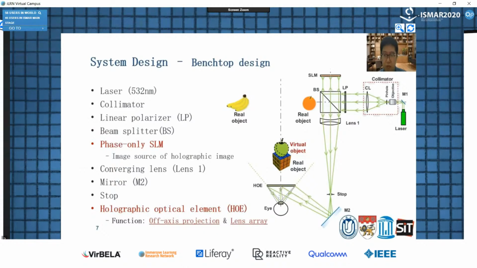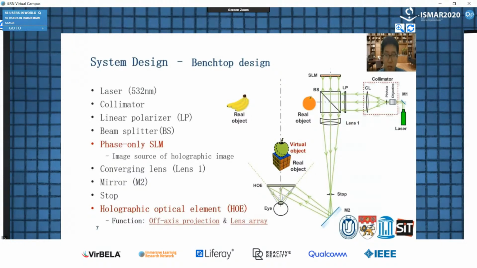This figure shows the optical schematic of our design. Our new holographic near-eye display consists of a laser light source, a collimator, a linear polarizer, a beam splitter, a phase SLM, a converging lens, a mirror, and a lens-array HOE.